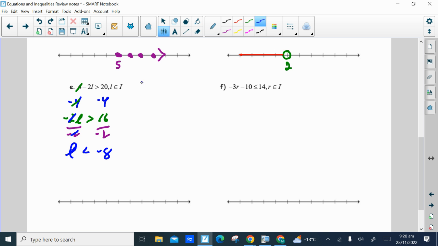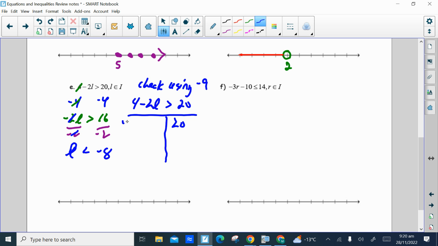So again, if we wanted to check this, we use an integer, because that's what we're dealing with here. L is an element of integers. Less than negative 8 would be negative 9. So 4 minus 2L should be greater than 20. The left side should be greater than 20.